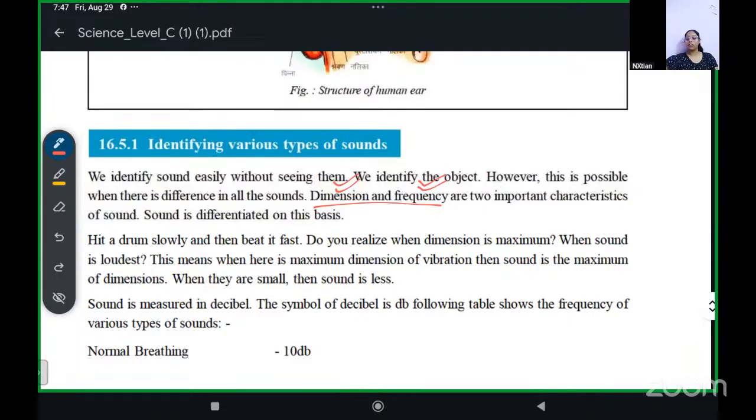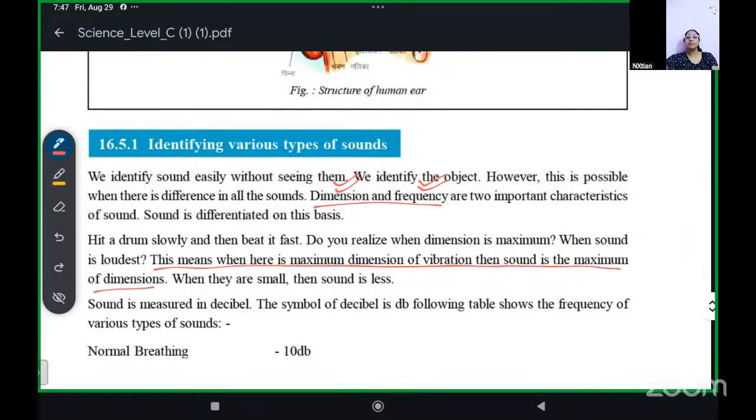Now hit a drum slowly and then beat it fast. Do you realize when the dimension is maximum and when the sound is loudest? This means when there is maximum dimension of vibration, the sound is of maximum dimension. When they are small, sound is less.